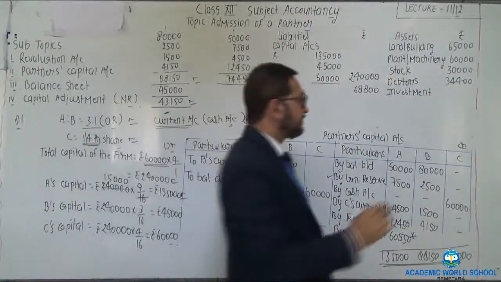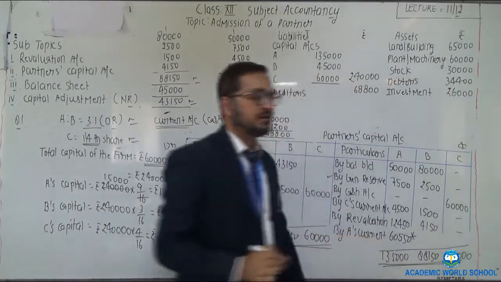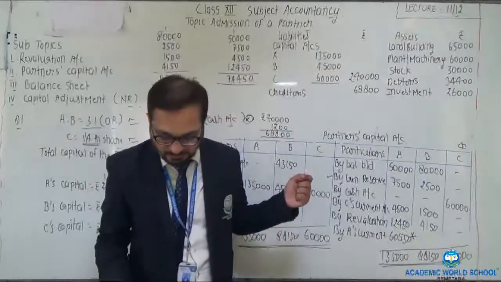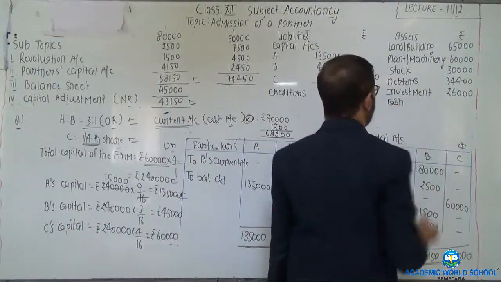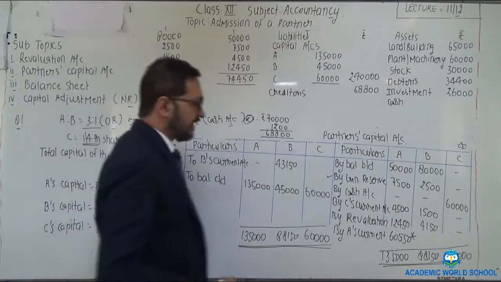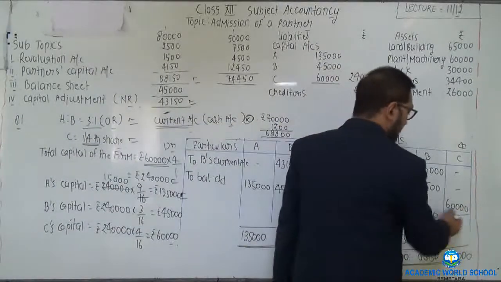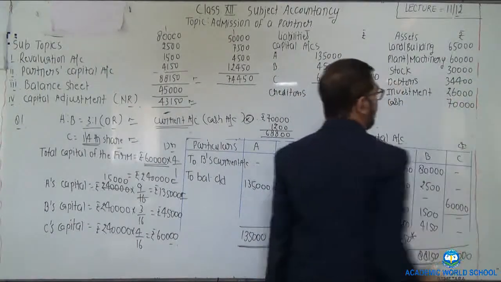The amount of investment was 26,000. No such adjustment was there, so the same amount is to be placed. After that, cash. Cash of rupees 10,000 is given in the balance sheet and the new partner brings 60,000 as his capital in cash. So the actual amount of cash is 70,000.